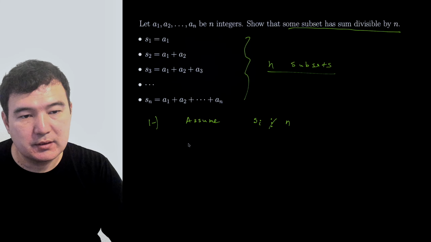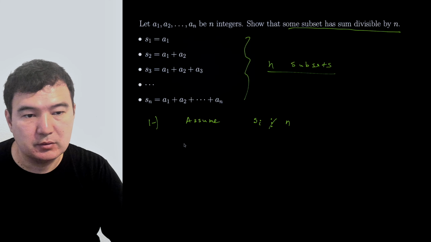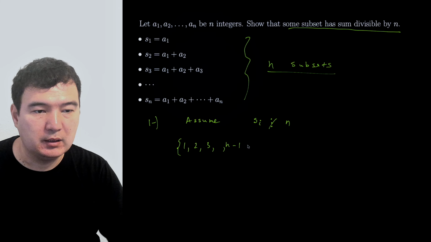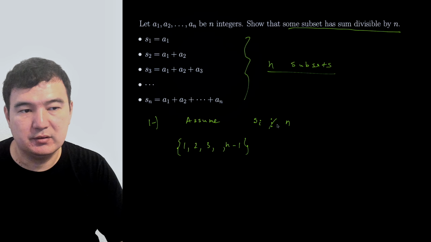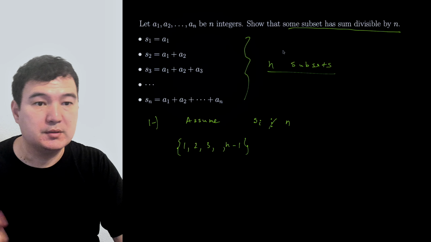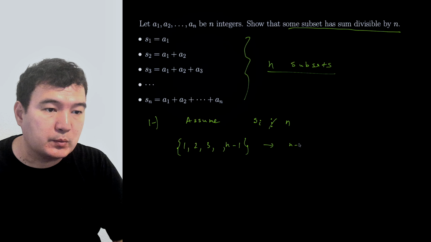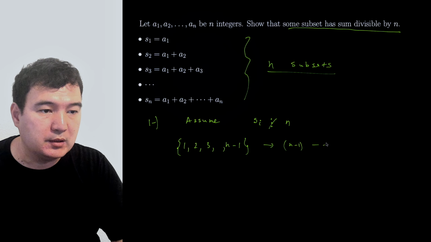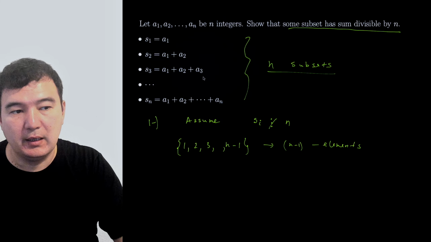So the remainder when divided by n will be 1, 2, 3, up to n minus 1, right? One of these numbers. We don't include 0 because it's not divisible by n. If it's divisible, then it already proves the statement. So this set has n minus 1 elements. But we have n subsets.